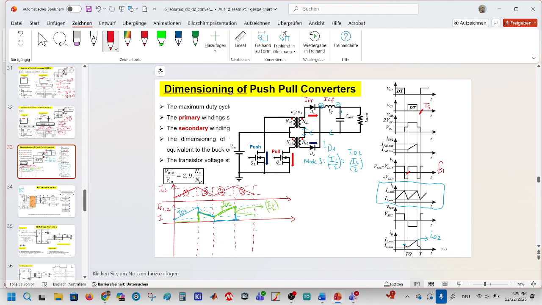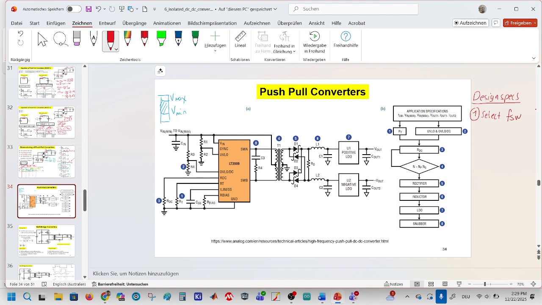That means the switching frequency of secondary side is double of the switching frequency of primary side, times 2 is equal to this guy. You see here, for example, this is one period, this is the second period, but here, this is our period for the primary side.